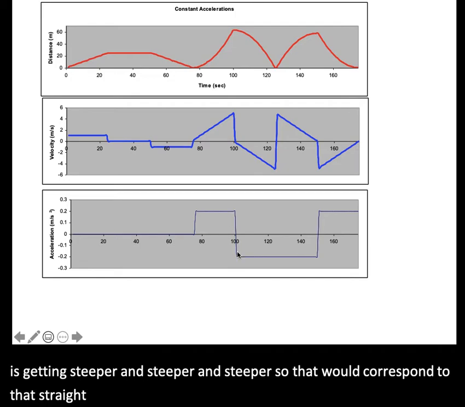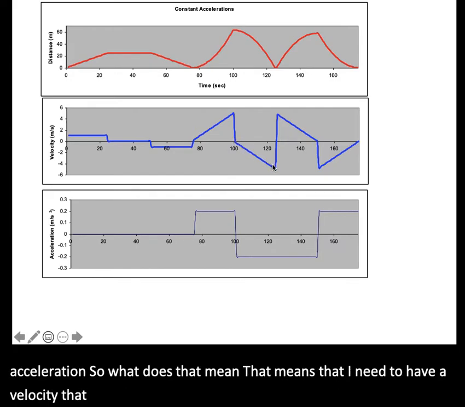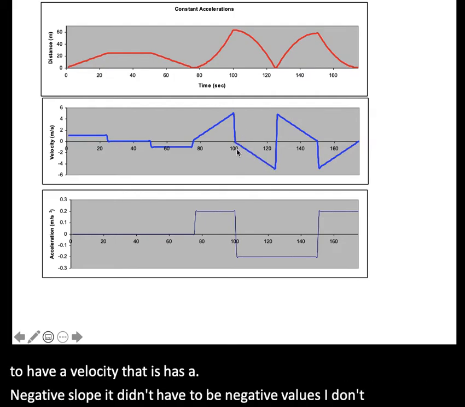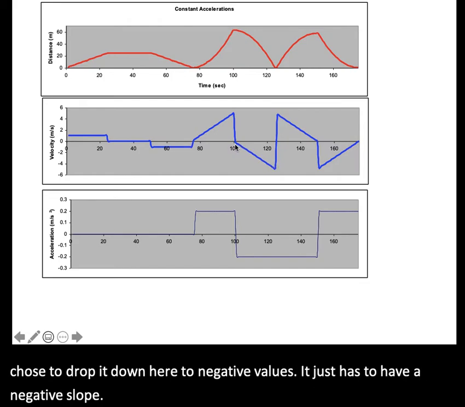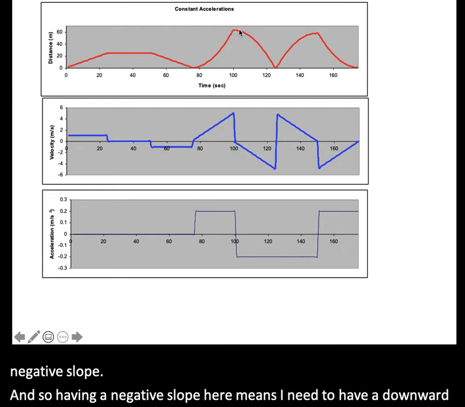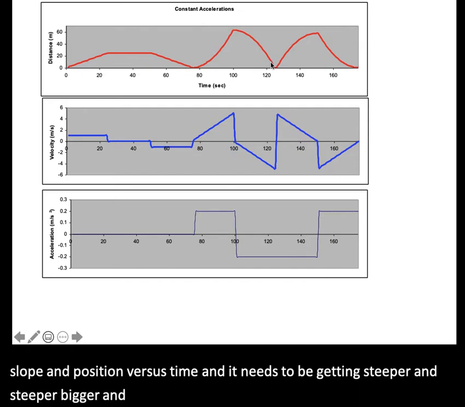Then I drop here to a constant negative acceleration. So what does that mean? That means that I need to have a velocity that has a negative slope. It didn't have to be negative values. I don't know why I chose to drop it down here to negative values. It just has to have a negative slope. And so having a negative slope here means I need to have a downward slope in position versus time, and it needs to be getting steeper and steeper, bigger and bigger negative number, right?